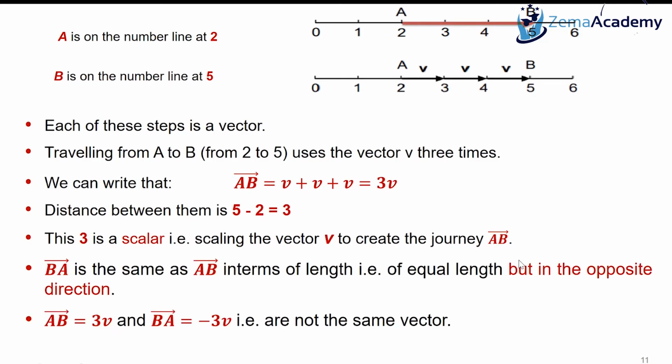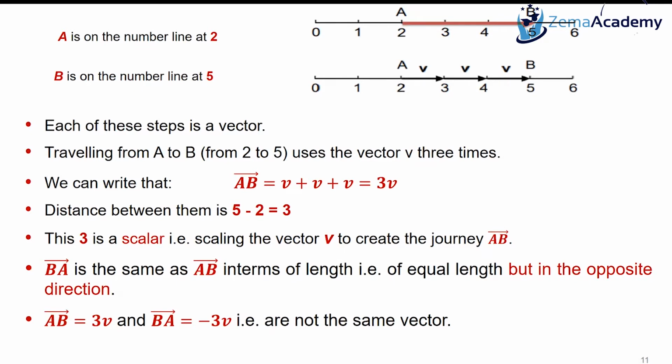A little bit about addition and subtraction. Considering the number line on the screen, A is on the number line at 2 and B is at 5. Each of these steps that a person takes walking from A to B, 2 to 3, 3 to 4, 4 to 5, is a vector.